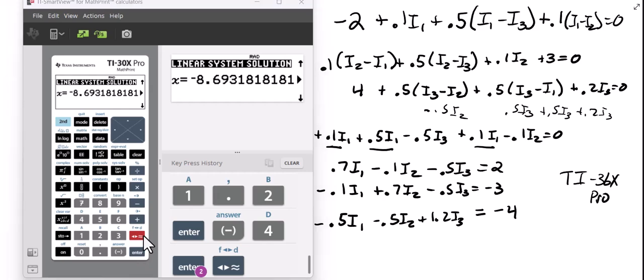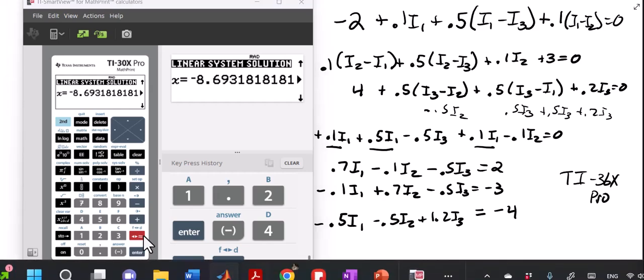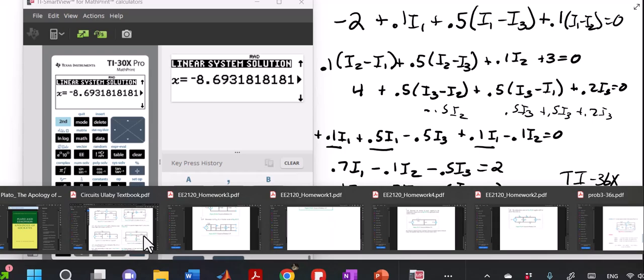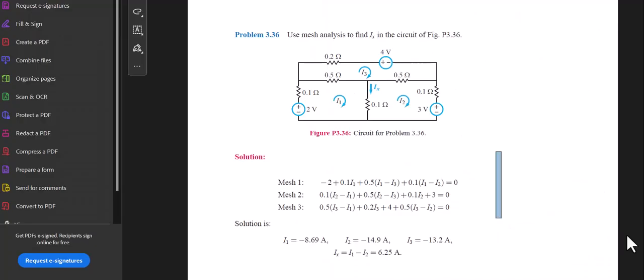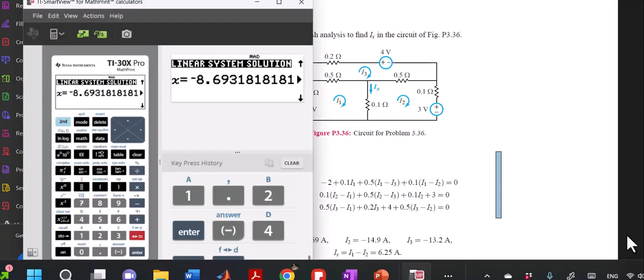That doesn't look right. Let's see. Nope, it is right. Okay.